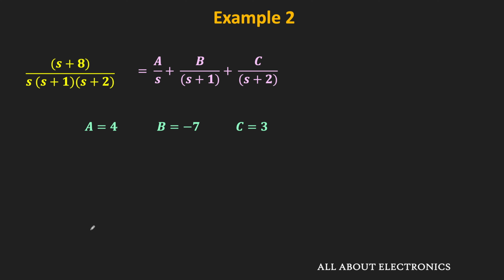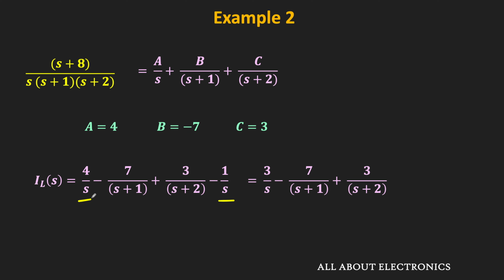So after putting the value of a, b and c, the expression of the current IL of s can be written like this. So as you can see, here we have also added the last term. So if we combine the first and the last term, then this expression can be written like this. And now as you can see, we can easily find the inverse Laplace transform of each term.